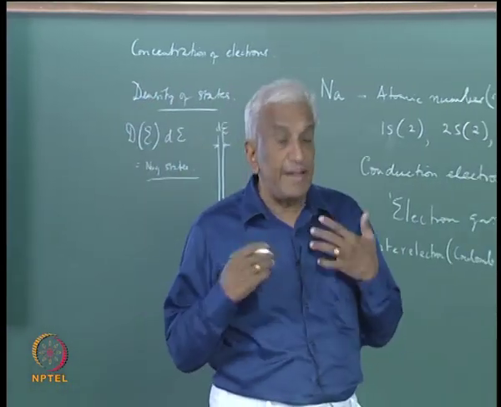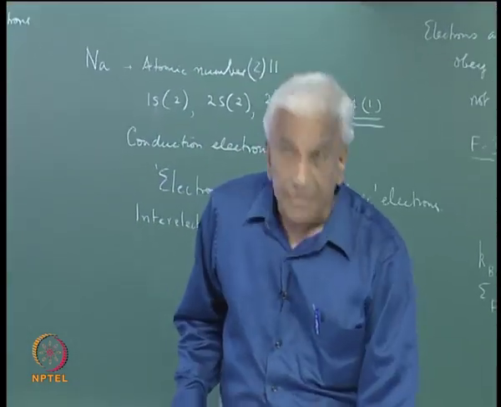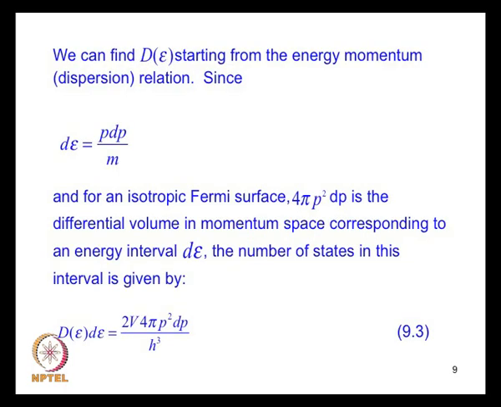So, we wish to find out this density of states. Together the distribution function f(E) and the density of states function D(E) dE will determine the average, the statistical properties of this electron gas. How do we find this density of states function? We will just discuss this next.